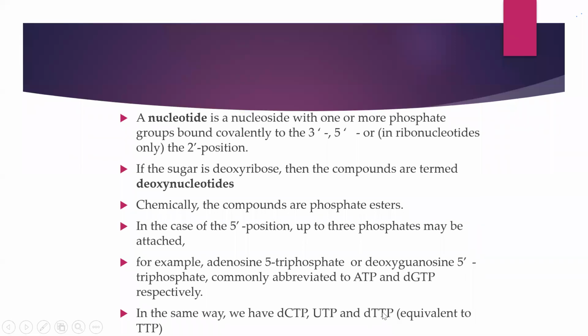So as I told you in the previous slide, this dTTP can also be written as TTP, because dTTP means deoxythymidine triphosphate. We don't need to mention deoxy because thymidine triphosphate is present only in DNA. We do not see its presence in RNA. So for the simplicity sake, you can simply write it as TTP, thymidine triphosphate, which is actually deoxythymidine triphosphate.